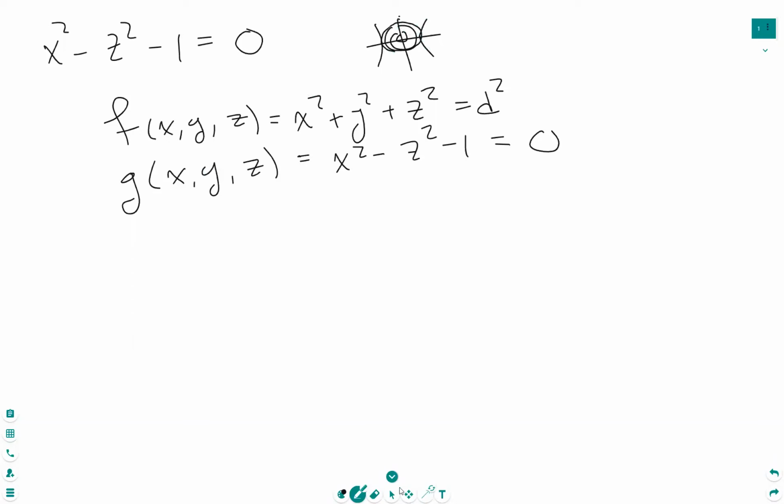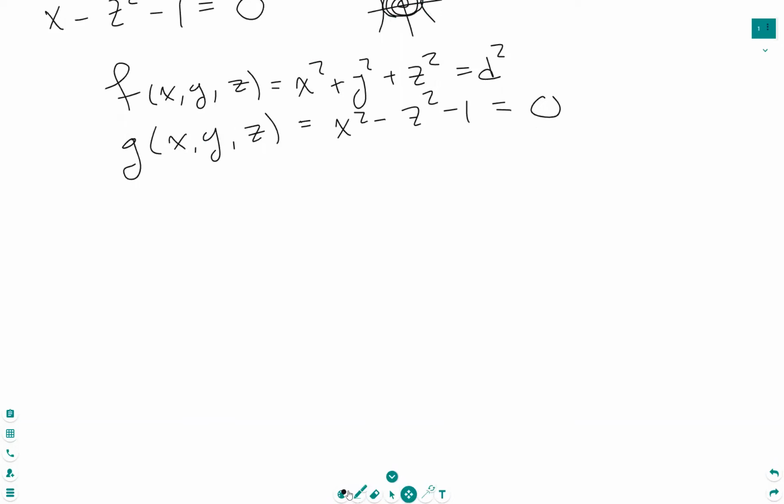Remember, the normal line was the gradient of these. So at that point the normal lines are parallel, and to be parallel means there is some constant magnitude difference between the two. Maybe it's 1, maybe it's not. We've just introduced this parameter lambda that makes these two vectors equivalent.